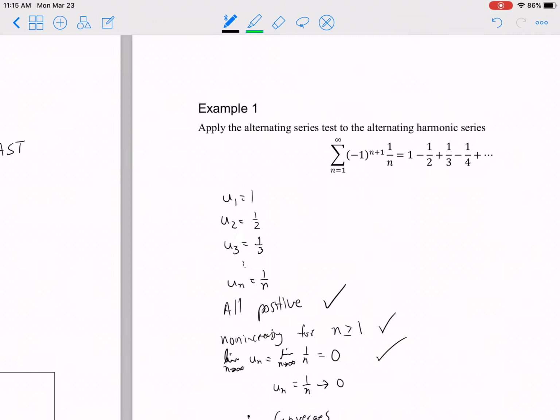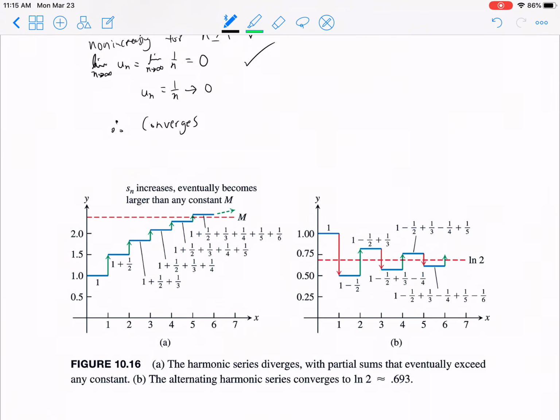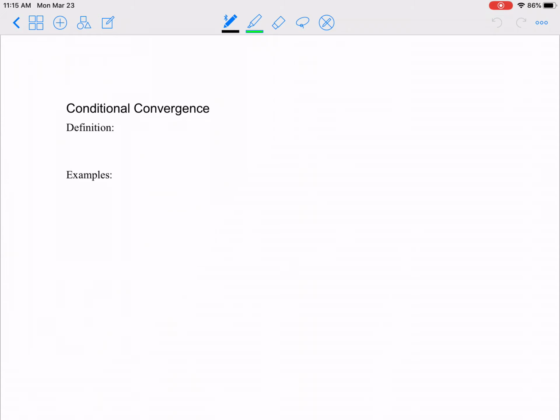So let's take a look then after that at some conditional convergence. And so, definition: we're going to get a series that is convergent but not absolutely convergent. Okay, so some examples here. Harmonic.